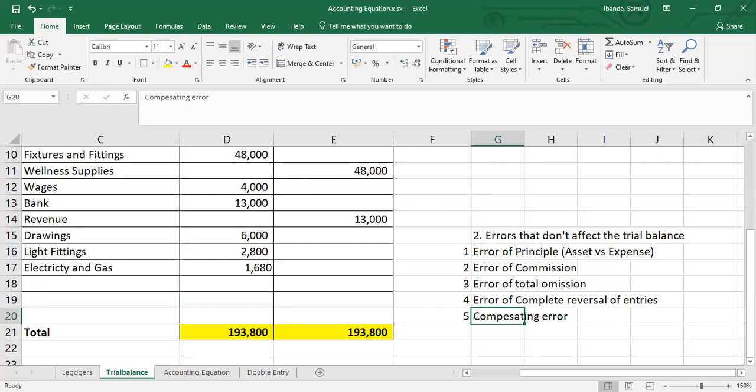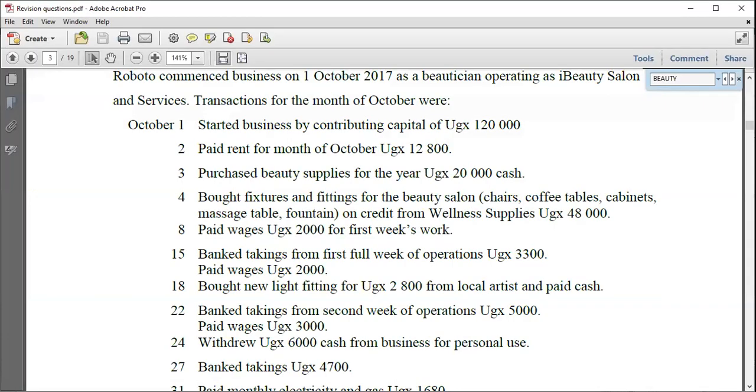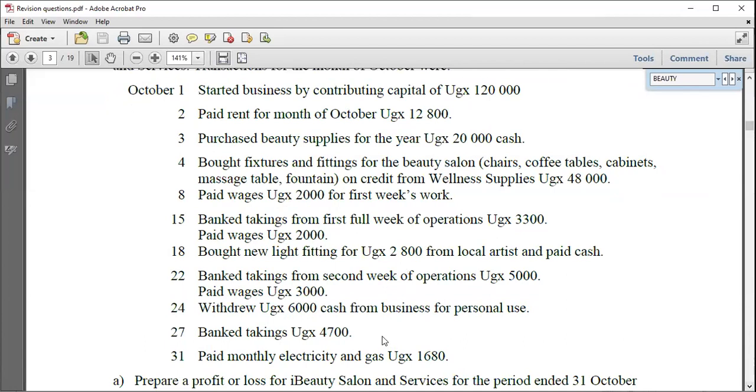If this was the question that I was working on, what I'm going to do, I'm going to use another transaction here. Okay, so these are bank takings. Let me actually use the drawings. Let me use this transaction, and then also use this and beauty supplies.